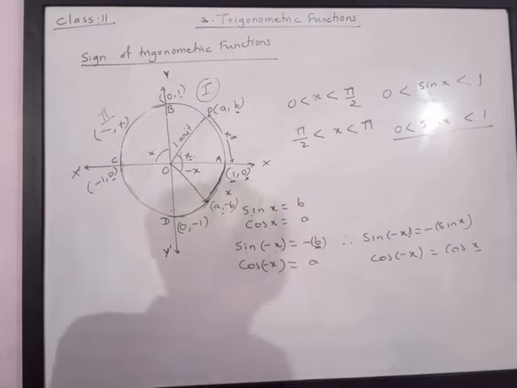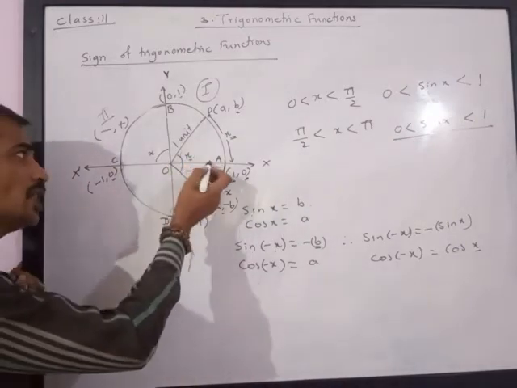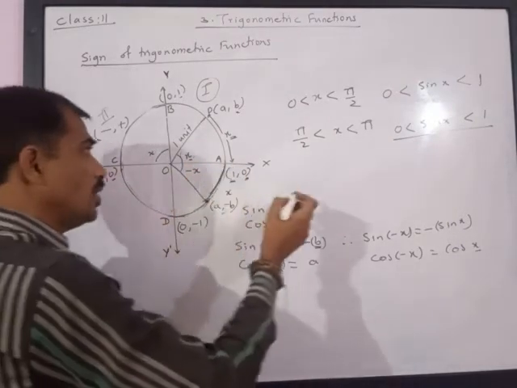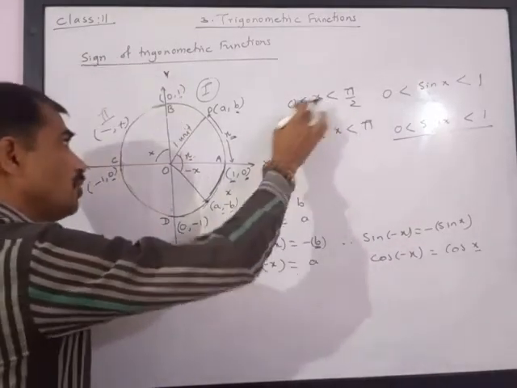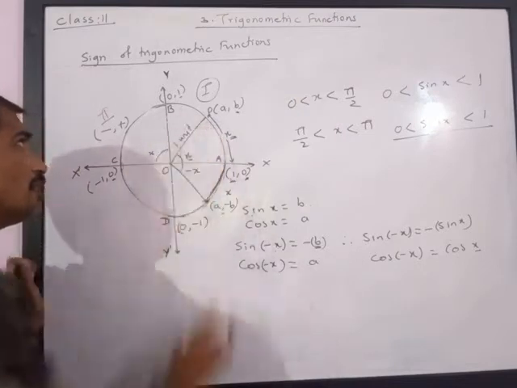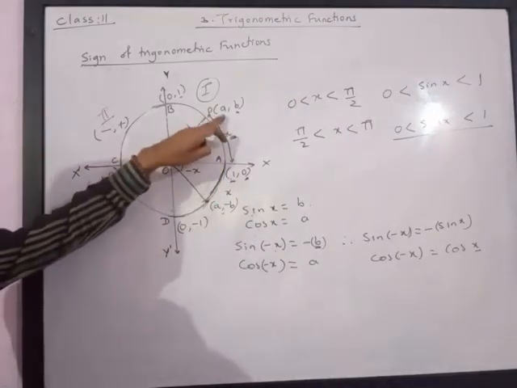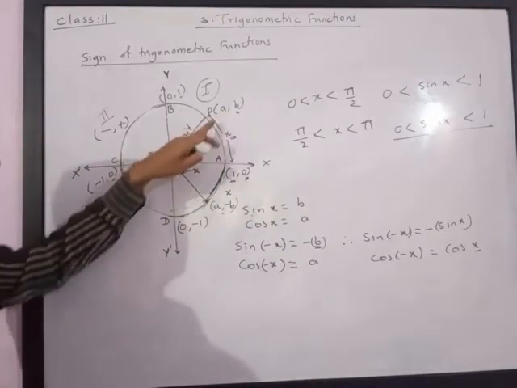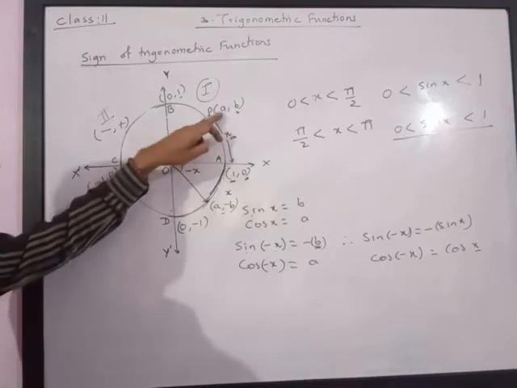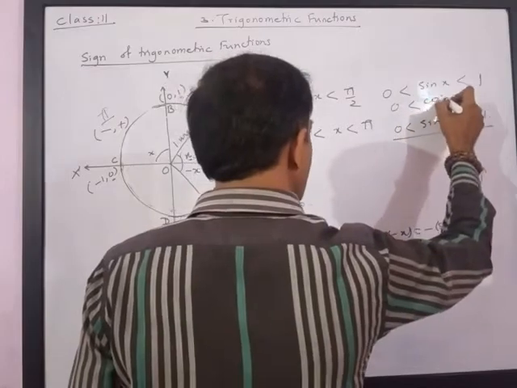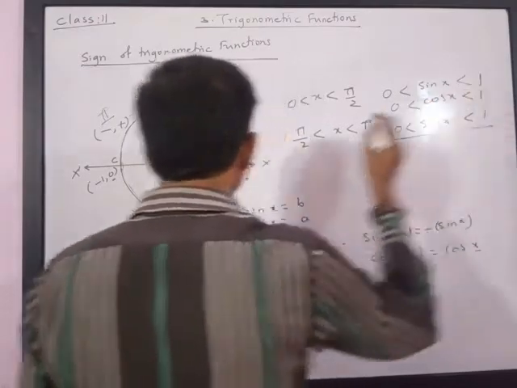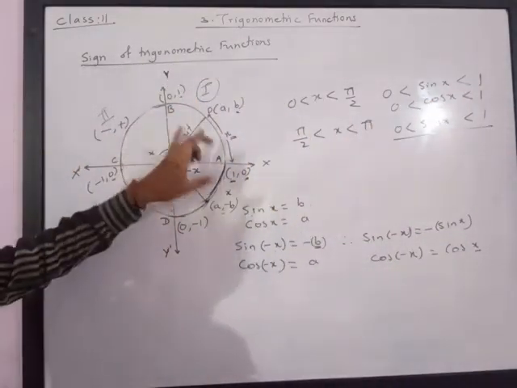Let us see what happens to cos x. Now if you see the cos x value, if the angle x lies between here and here, please note cos x is equal to the x coordinate. So again it is positive. So you will get 0 less than cos x less than 1, so cos x will lie between 1 and 0.